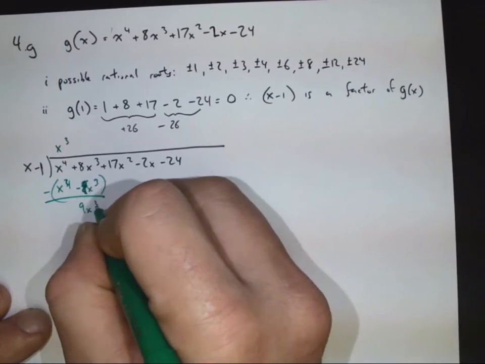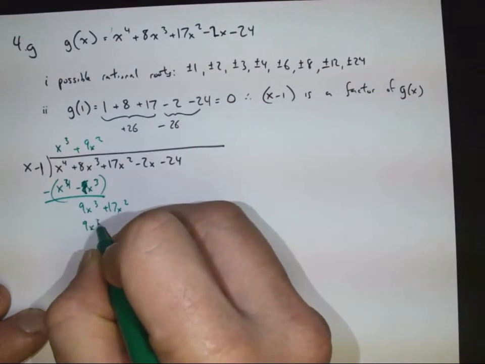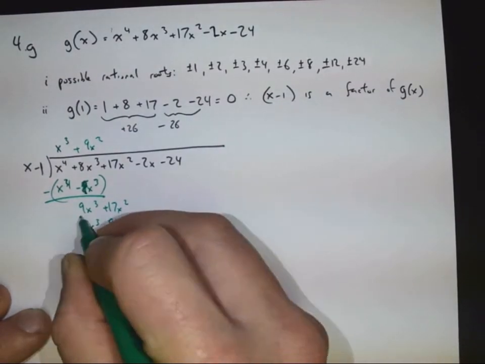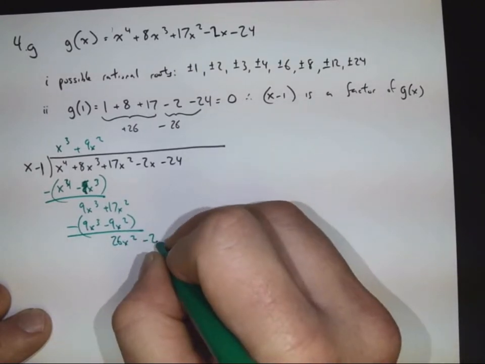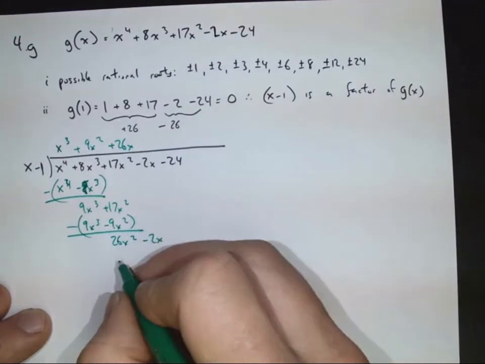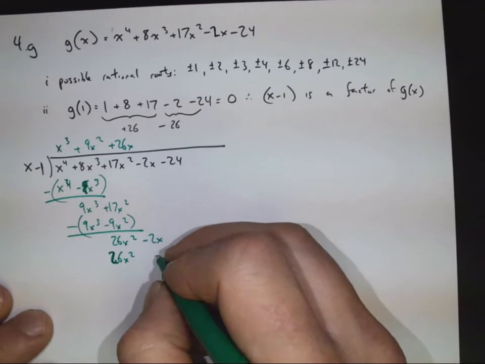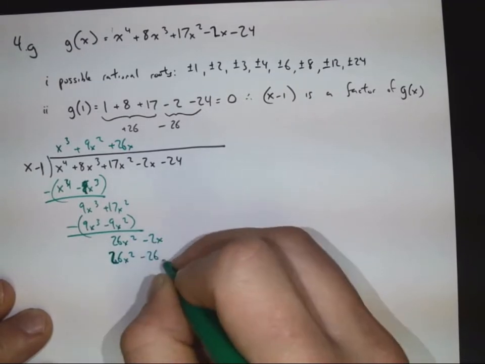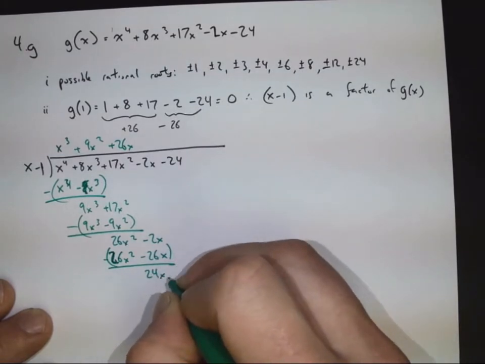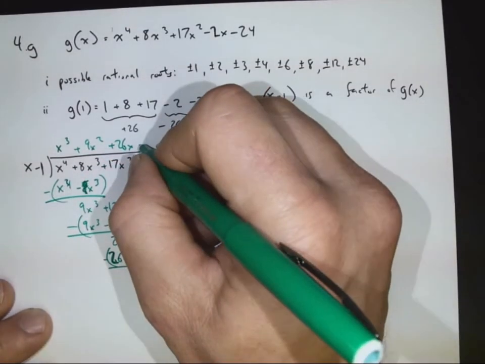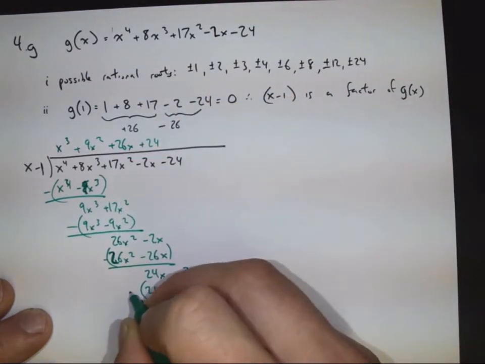So I get 9x cubed plus 17x squared, so I'm going to subtract 9x cubed minus 9x squared, and I get 26x squared. Take away 2x, so it's plus 26x. 26x squared, take away 26x. So we subtract, and we get 24x. Take away 24, plus 24. 24x, take away 24, and we're done.